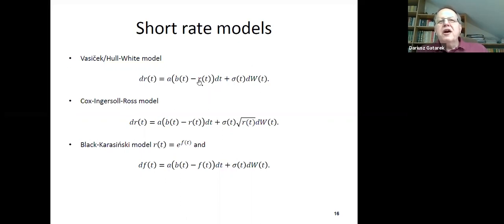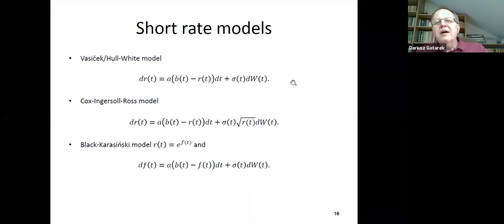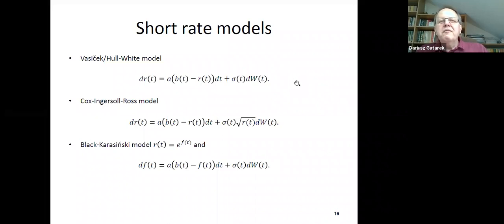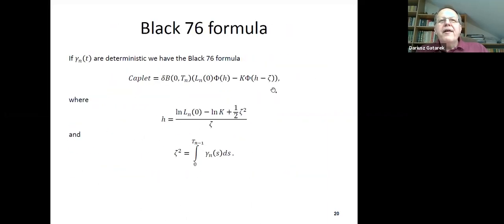So Vasicek, Hull and White models look like that and not differently. So it gives us a given shape of volatility. So when it coincides with the market, it's good. When it doesn't, it's bad. But we cannot do anything. We've got no flexibility. The same with Cox-Ingersoll-Ross and Black-Karasinski.